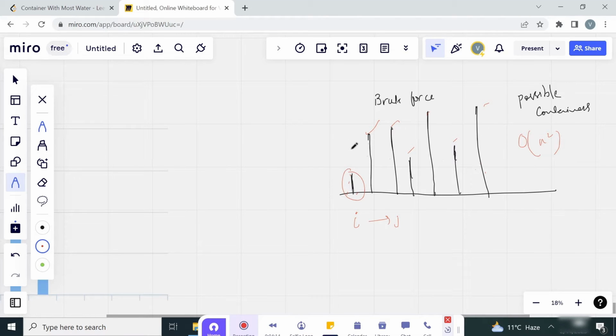Each line has a container with the other lines that are ahead of it. If i goes from 0 to n, then j will start from i plus 1 to n. So it will be two for loops, that is O(n square). Is there any possible way apart from brute force to reduce the time complexity?